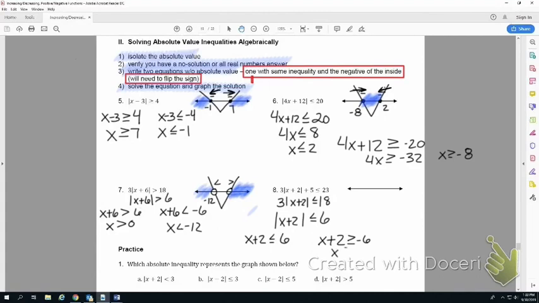Then I'm going to subtract 2 on both of them. So I've got negative 8 and I've got 4. And it is telling me to shade inside those. So that's what you're going to do on the rest of the practice problems.